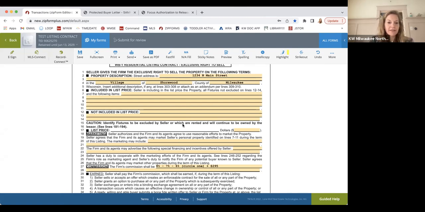So I think those lines are good for pieces in the home where it seems like it could be something that would be included. I always use this example. We had a case once where the seller had a bar in a basement that, the way the room was set up, just seemed automatic that it was going to be included in the home, but it was a removable piece.